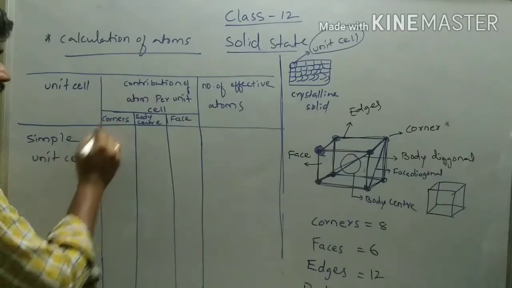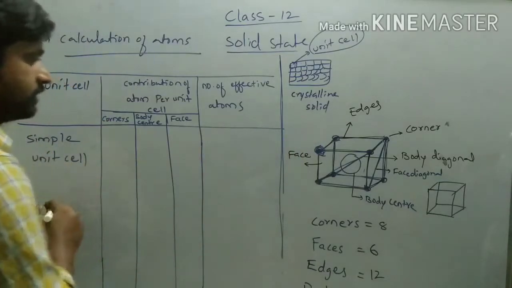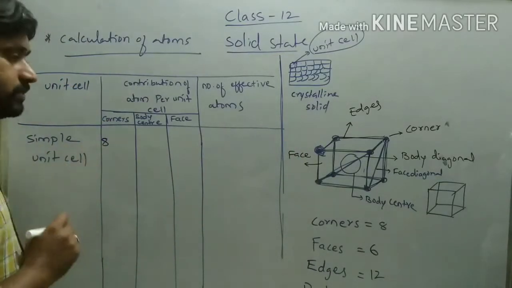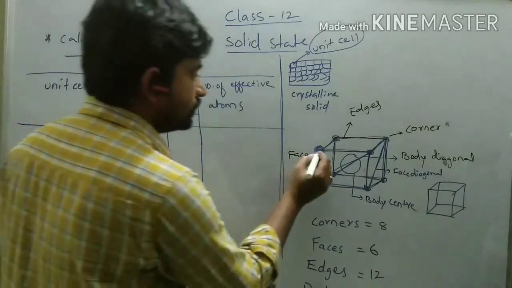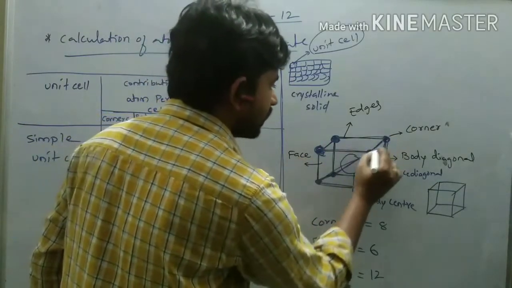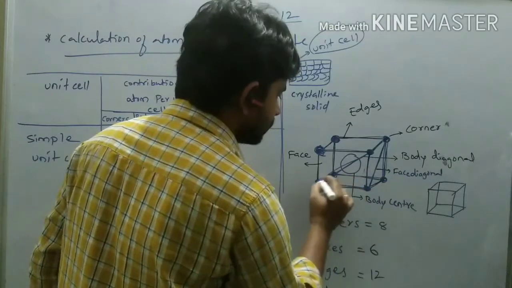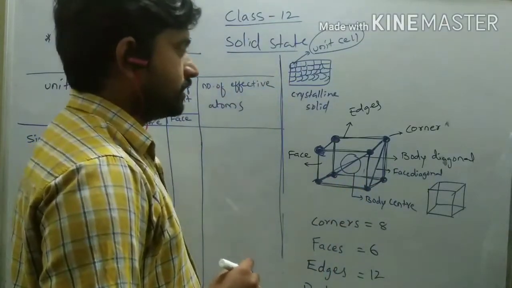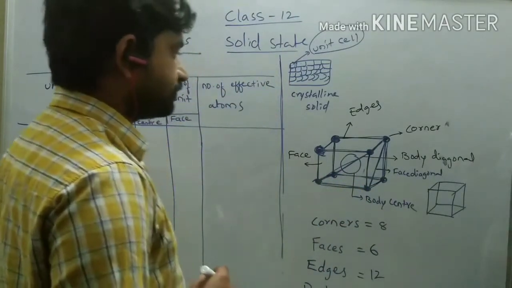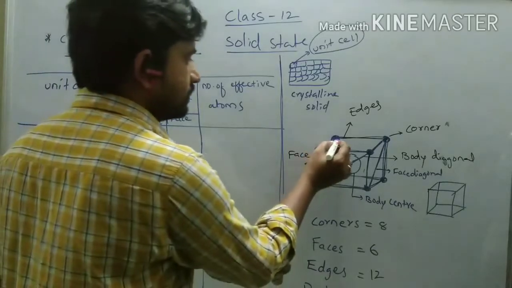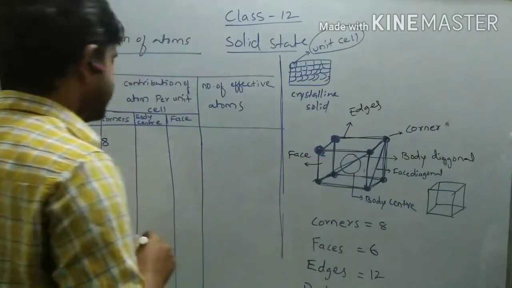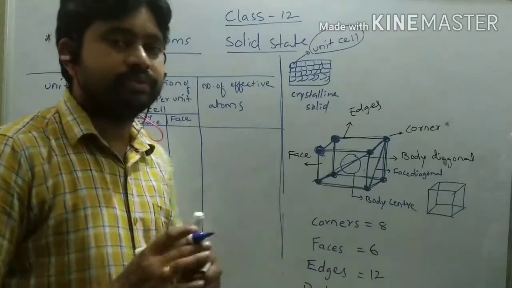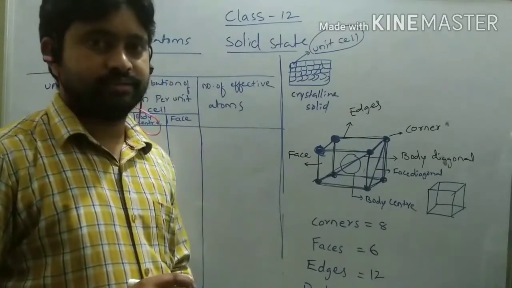So simple unit cell, how many corners are there here? 8 corners total. So these 8 corner atoms, the contribution will be 1 by 8. Why?